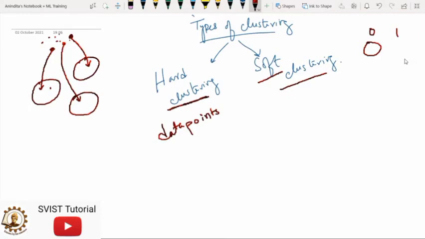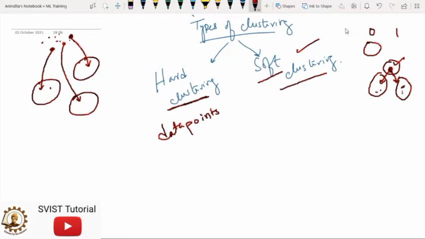If you want to create clusters on the basis of weather analysis, there may exist some data point, some weather, that is part of a partially humid state, or can also be part of a humid climate. There exist situations where a particular data point may be part of more than one cluster. This type of clustering is known as soft clustering.